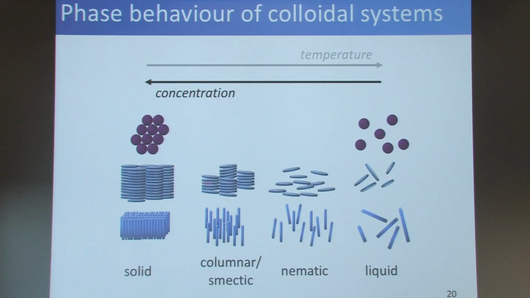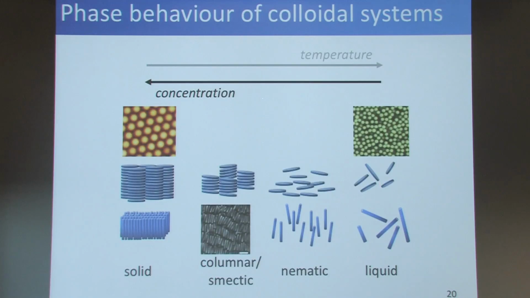Even the particles that are disc-like do the same thing. I don't really want to go into too much detail, but we can study all these different phase transitions in colloidal systems as well, not by changing the temperature, but by increasing their concentration. They go from a liquid to liquid crystals to solids, depending on the shape of these particles.